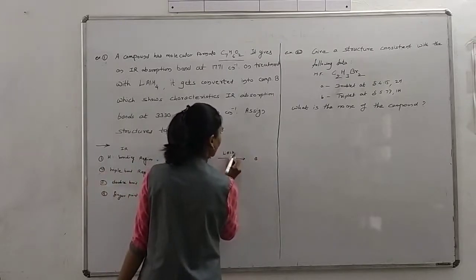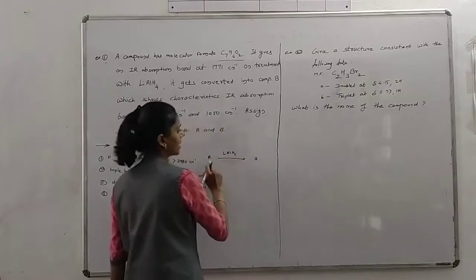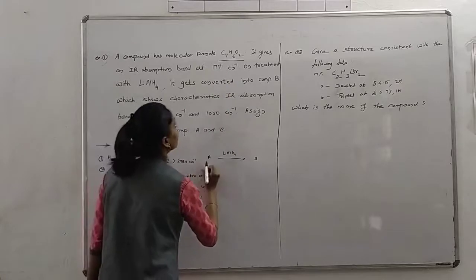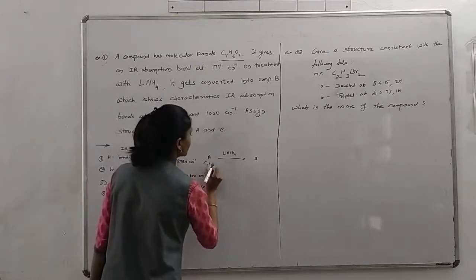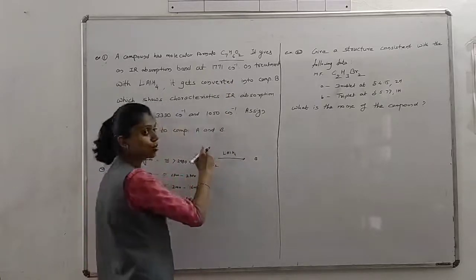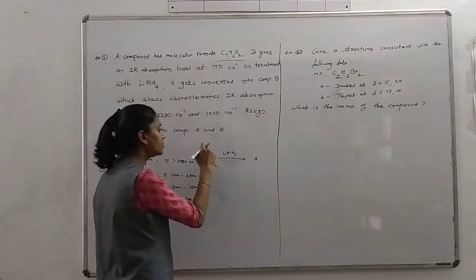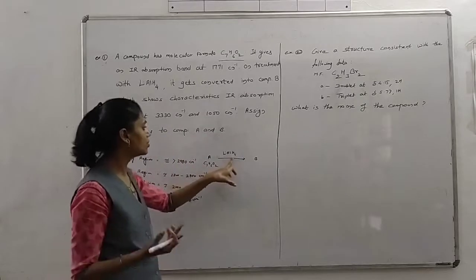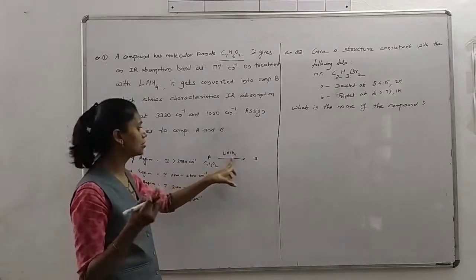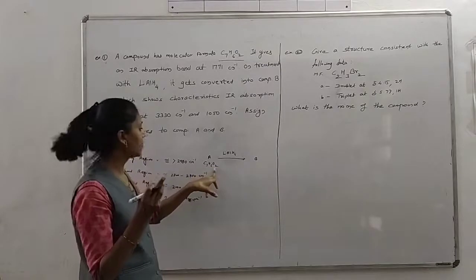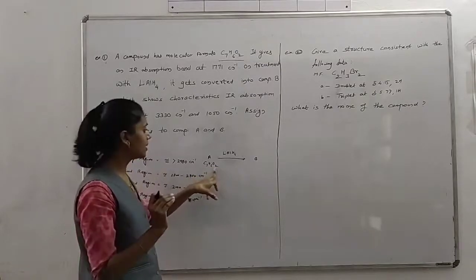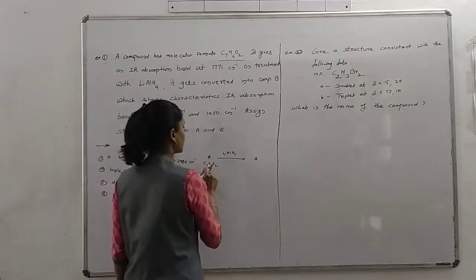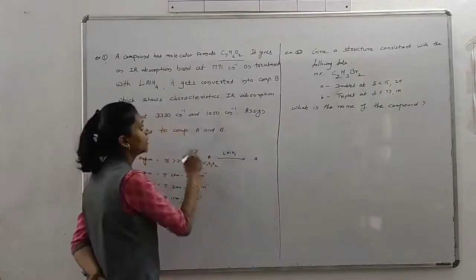Lithium aluminum hydride reduces A to give B, and A has molecular formula C7H6O2. We considered that lithium aluminum hydride is a reducing agent for aldehyde, ketone and acid, but aldehyde and ketone we skip here due to the presence of 2 oxygens. So there is the possibility of an acid.